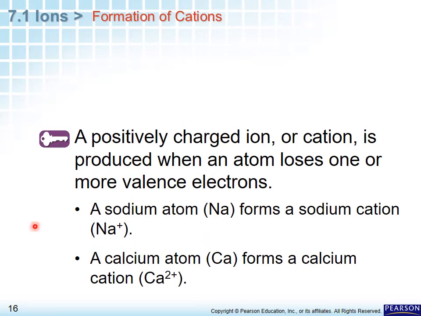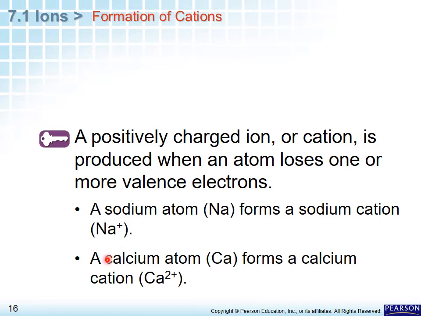Now let's see. A positively charged ion or cation is produced when an atom loses one or more valence electrons, such as in group 1A, sodium. Sodium atom becomes sodium cation by losing one electron, so it's called Na+, Na positive.